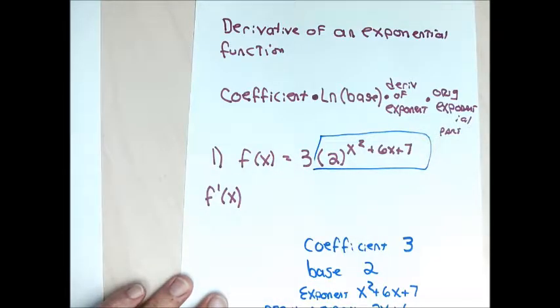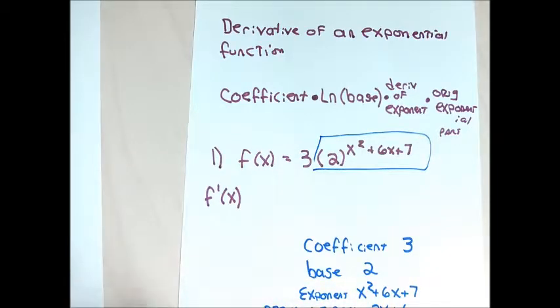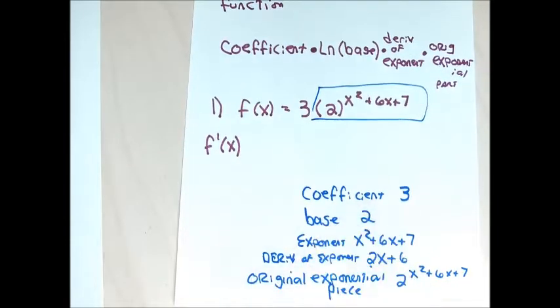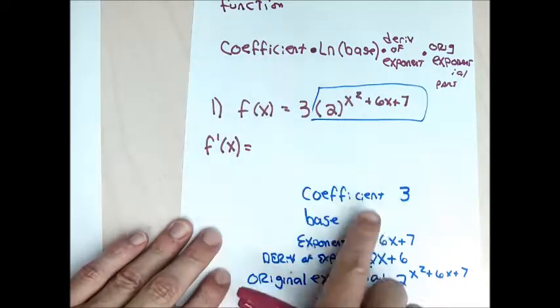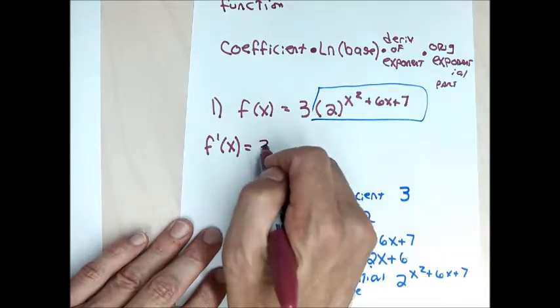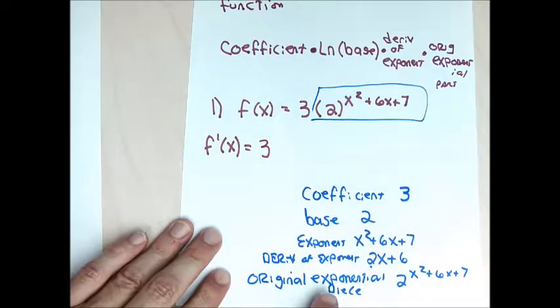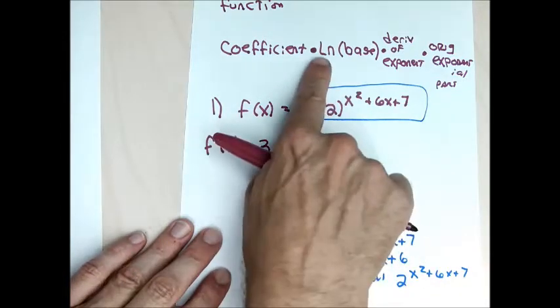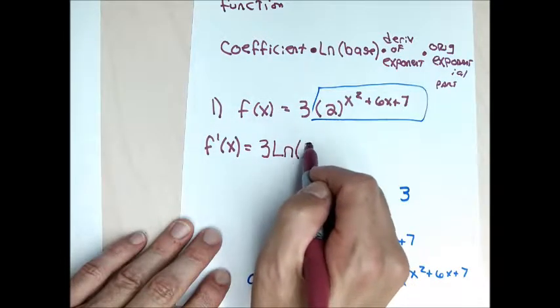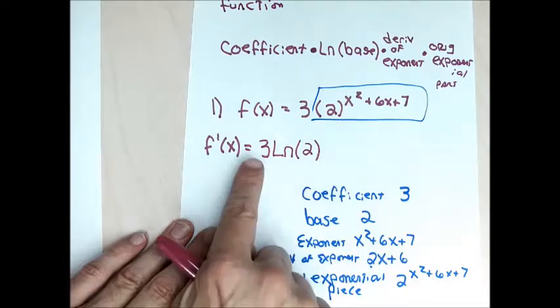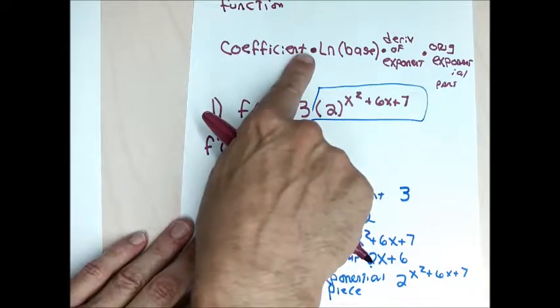So now I'm just going to write the derivative down. The derivative of this exponential function, sorry I went off the screen a little bit here, is going to be first the coefficient, which is 3, and then times the ln of the base. I'm not going to use a times sign, it's implied. I could have put a times sign like I had in the little explanation up here.